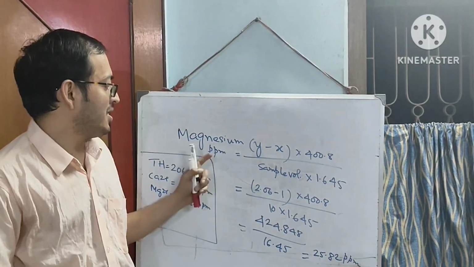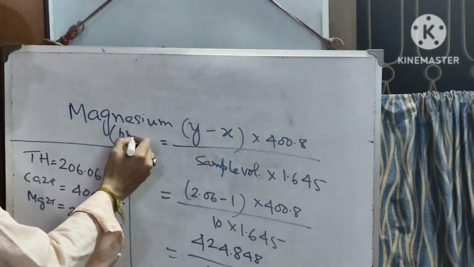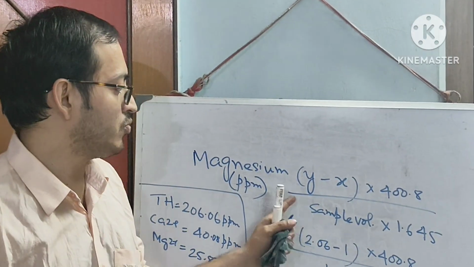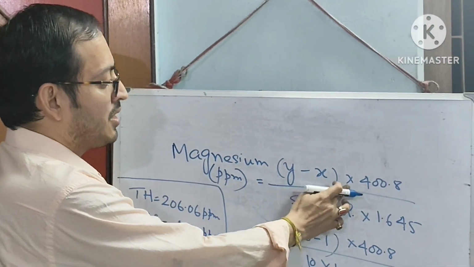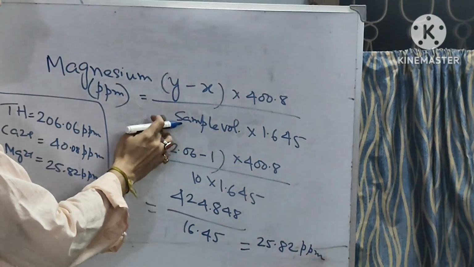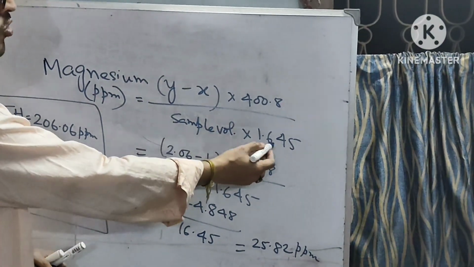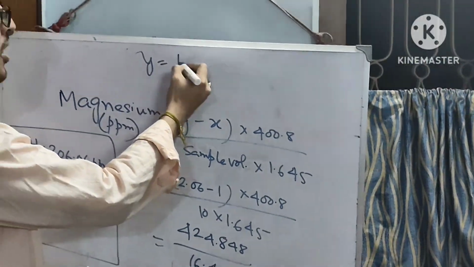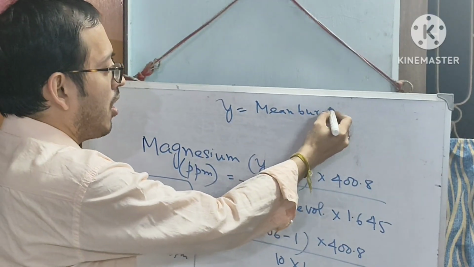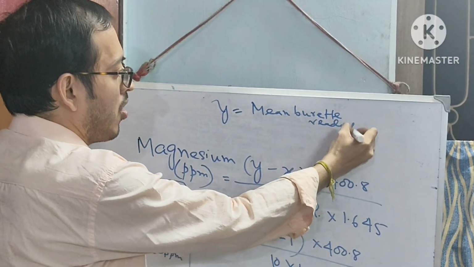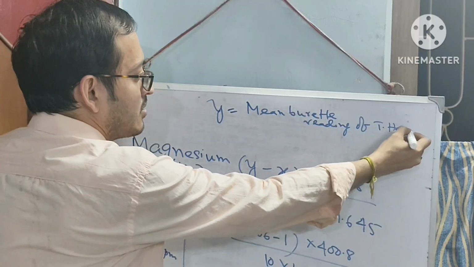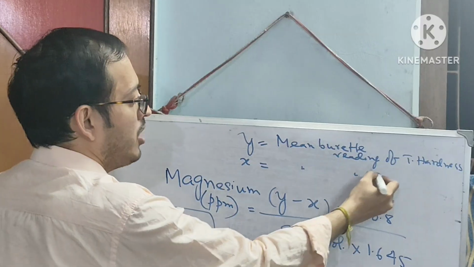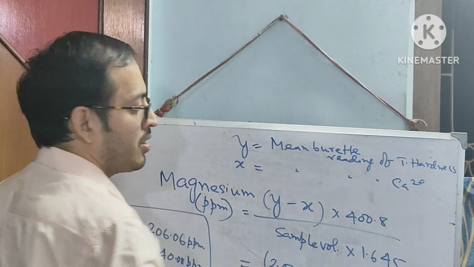So the magnesium from the given sample will be calculated by this formula: (Y minus X) into 400.8 divided by sample water volume into 1.645. Here Y means mean burette reading of total hardness, and X means mean burette reading of calcium.